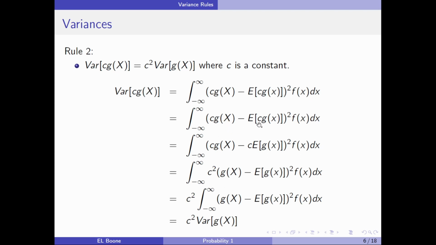Then I pull out the c out of the expectation. And then I notice that since it belongs to both of these, I can factor it all the way outside the parentheses and get c squared. And then the c squared comes out, and then I see, well, this just looks like the variance of g of x, and again, c squared variance g of x.